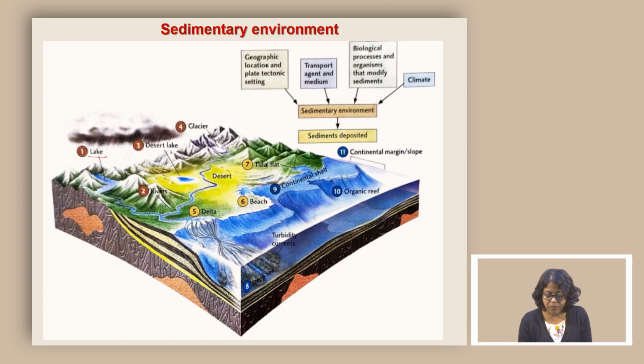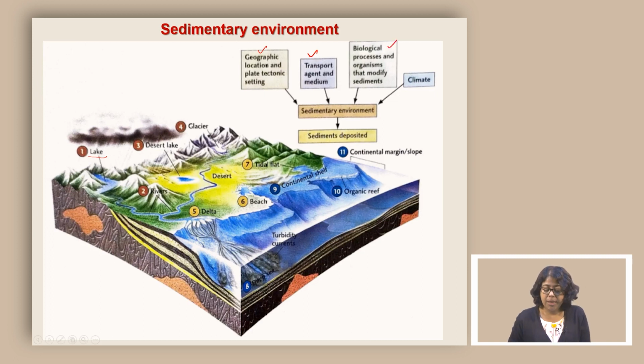Now, the sedimentary environment can be controlled and impacted by various things. One of them is the geographic location and the plate tectonic setting. The second one is the transport agent and medium. Both of these things are going to tell you something about what kind of rocks you can expect, what is going to be their grain size, what is going to be their sorting.